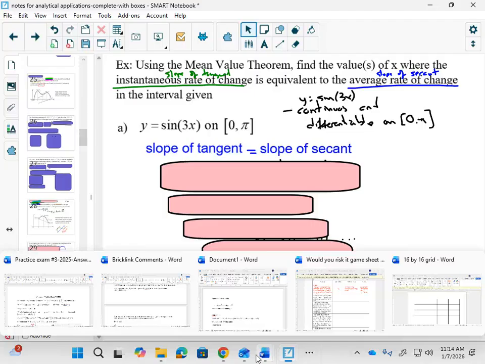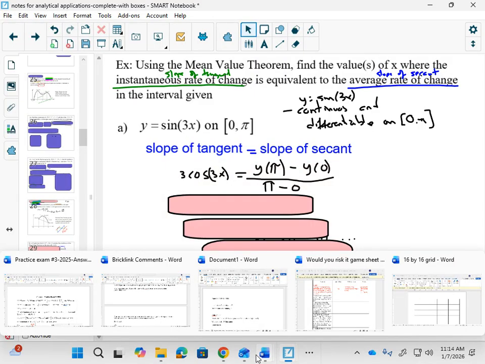Since it is, we're allowed to use the mean value theorem. The slope of our tangent has to equal the slope of our secant. The slope of our tangent is the derivative.